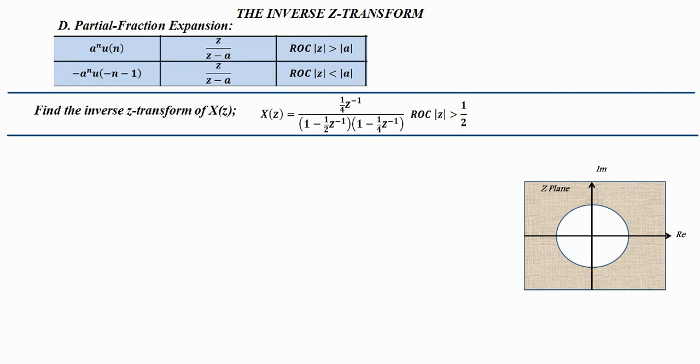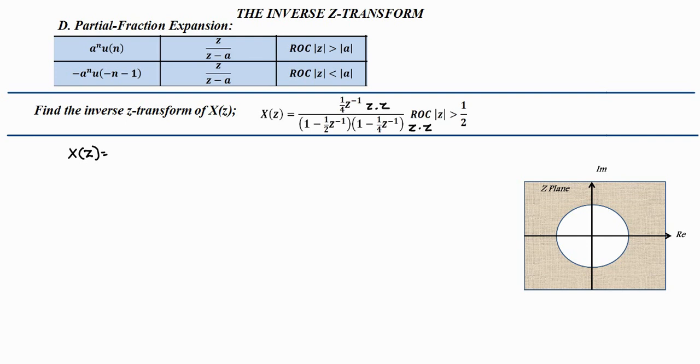Now we can find the inverse Z transform. For that, first we need to factorize this equation. First we need to make this equation into positive powers. In order to make it in positive factors, we can multiply with z square. So if you multiply it with z square, z into z goes in the numerator, and the denominator also we need to multiply with z into z.